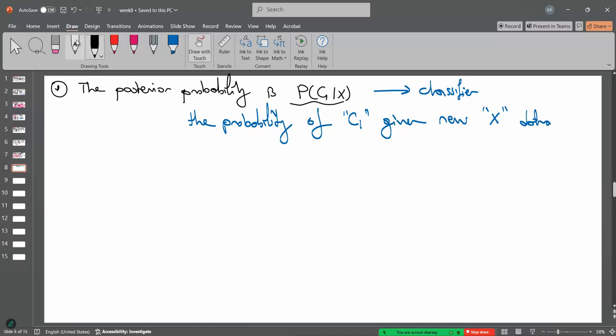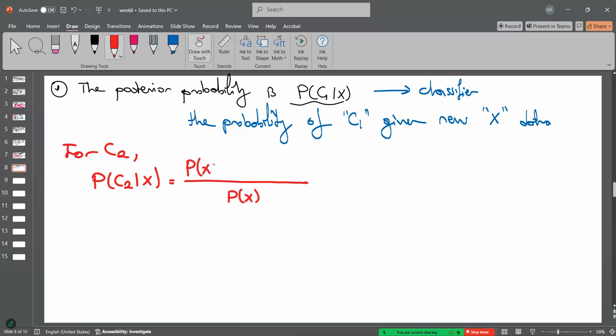Okay? The same idea is applied for C2 as well. P(C2 | x) equals P(x | C2) times P(C2) divided by P(x), which can be written in here, just like this one. Okay?